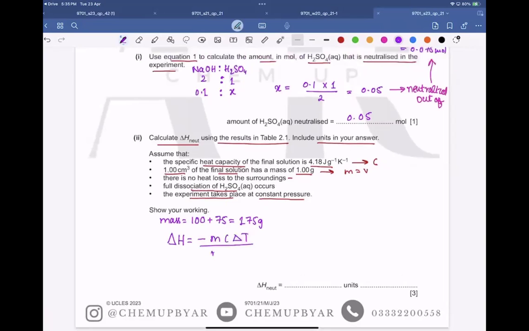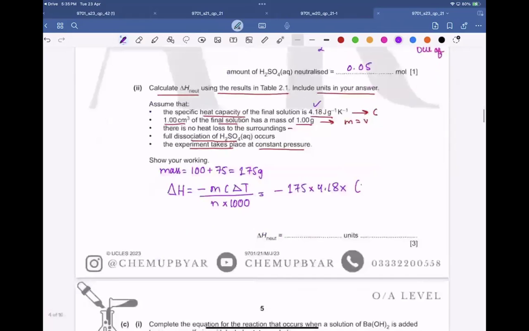So change in temperature was final minus initial, so 27.8 minus 20. So we got the three values, divided by the number of moles.